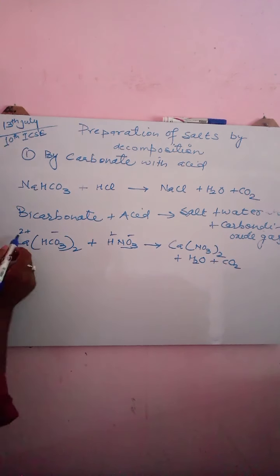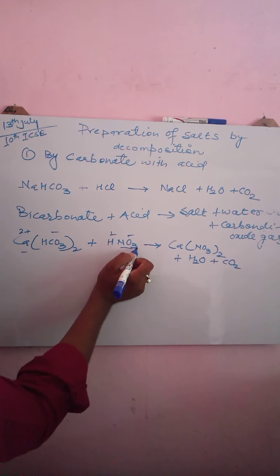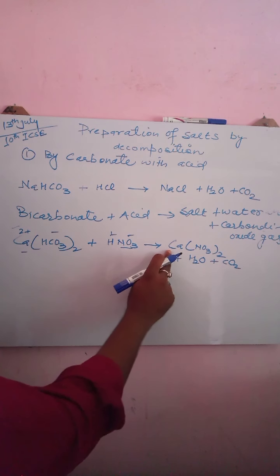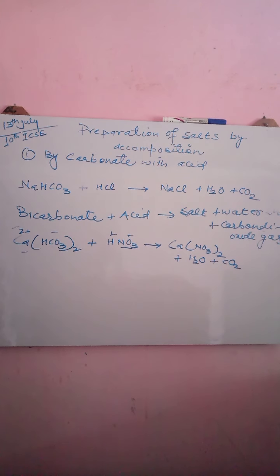Ca2+ will join NO3 minus to satisfy this 2 plus valency, forming calcium nitrate, Ca(NO3)2.